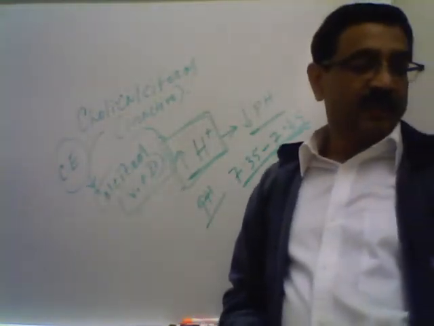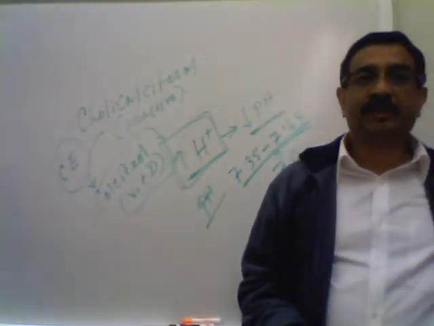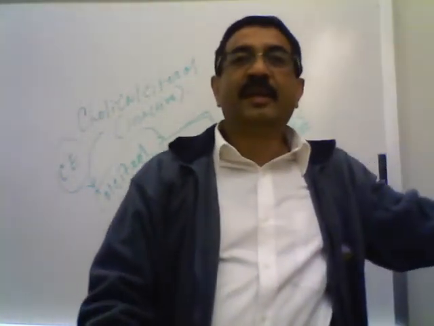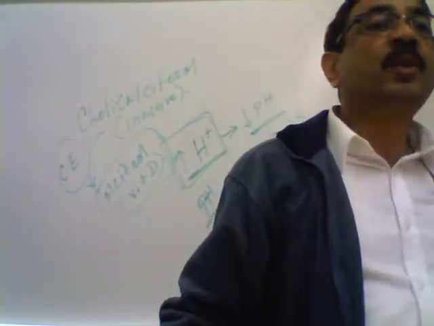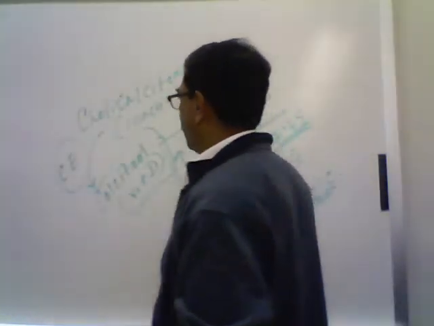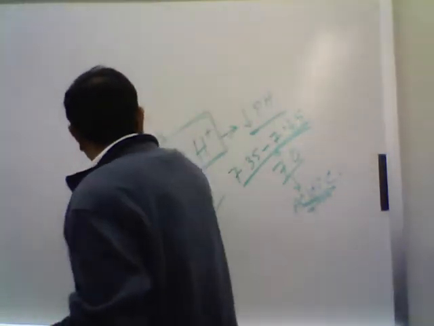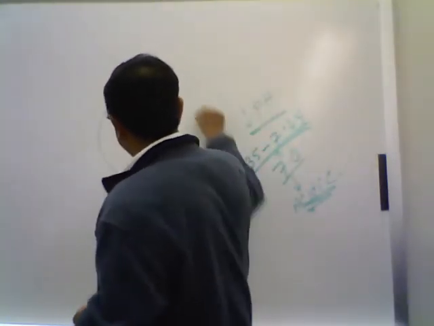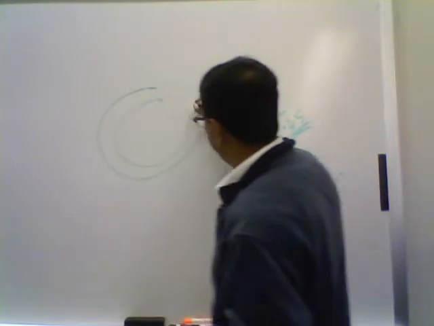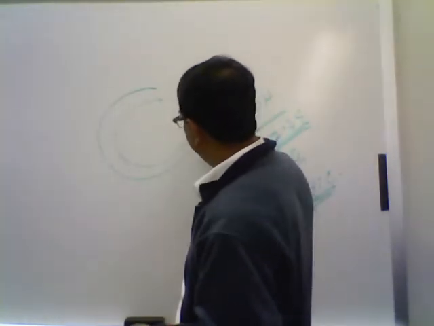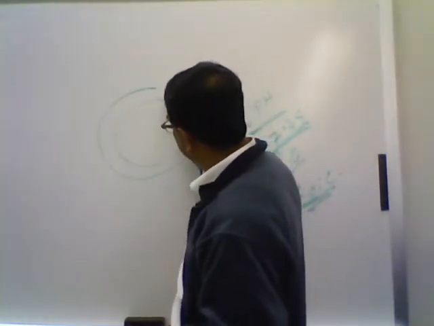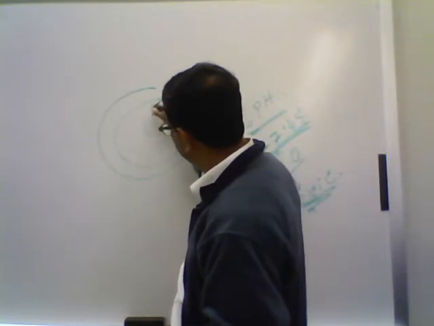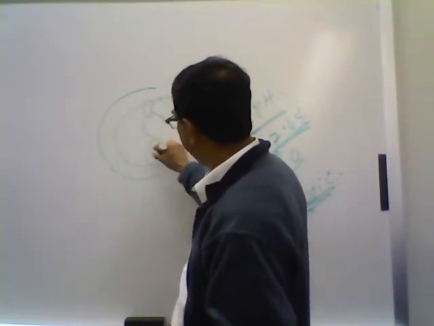Okay, now we'll see the anatomy of the kidney. Kidney is a retroperitoneal organ. You already know from the digestive system, this is the abdominal wall. This is the peritoneal cavity, right? And you know that most of the organs are inside the peritoneal cavity.